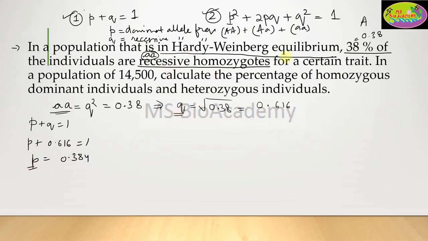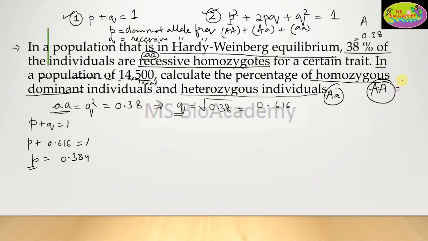Now what do we have to calculate? They have mentioned a population of 14,500, which is the total population. Calculate the percentage of the homozygous dominant individuals. Out of these 14,500, how many individuals are there with the homozygous dominant form, that is, the AA genotype, and how many are heterozygous?